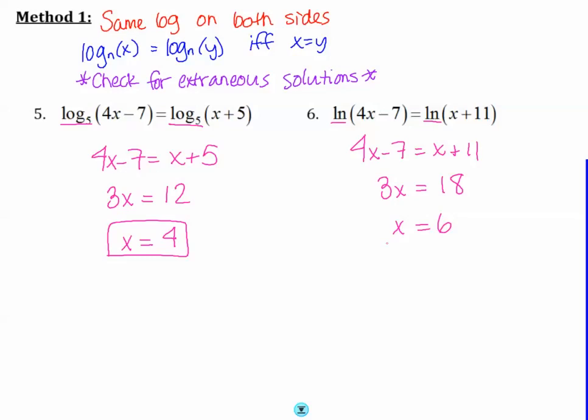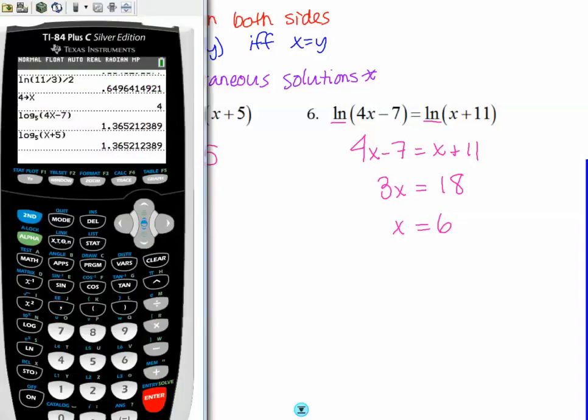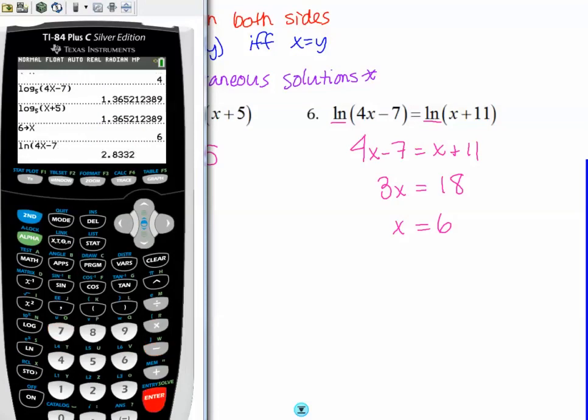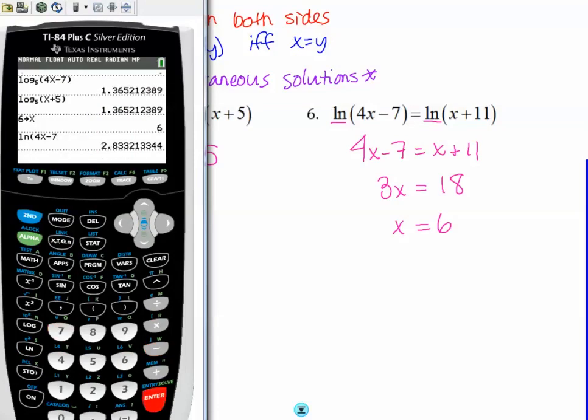And again, we need to check for extraneous solutions. So again, use the store button. 6 store for x, natural log of 4x minus 7, and then natural log of x plus 11. So 6 is our answer.